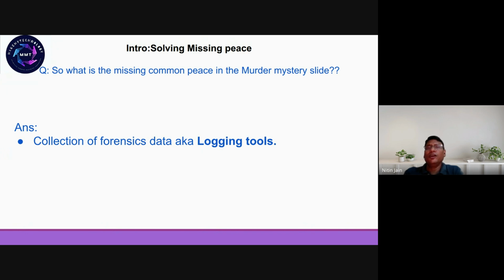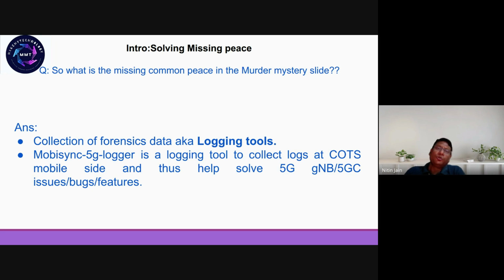Based on that, we can try to find out who is the culprit. To facilitate the logging, we need the right logging tools. So today's talk is centered around that right logging tool, and we'll also discuss the scenarios. This tool is basically to collect logs at the COTS mobile side.